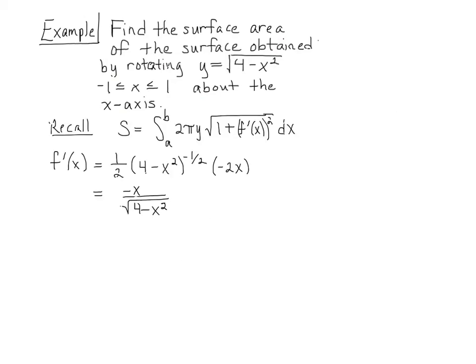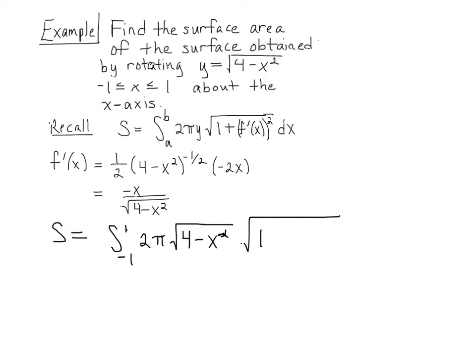So now we can say that S is equal to the integral from -1 to 1 of 2 pi times the square root of 4 minus x squared times the square root of 1 plus x squared over 4 minus x squared, dx.